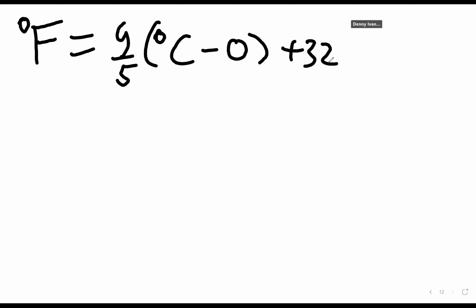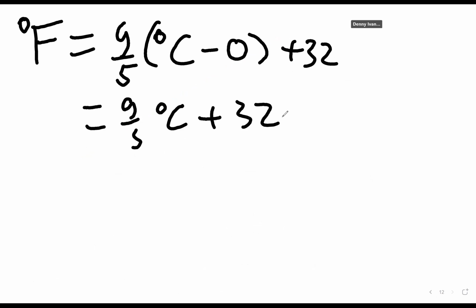So I have 9 over 5 degrees Celsius plus 32. That will be the formula.